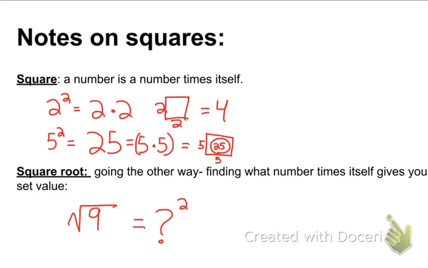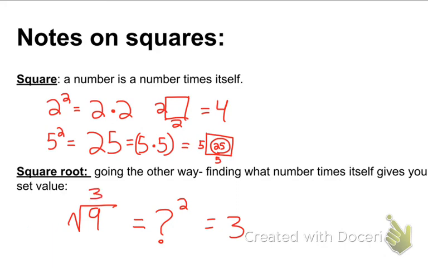The answer, of course, is 3. 3 times 3 would equal 9. The square root of 9 is 3.